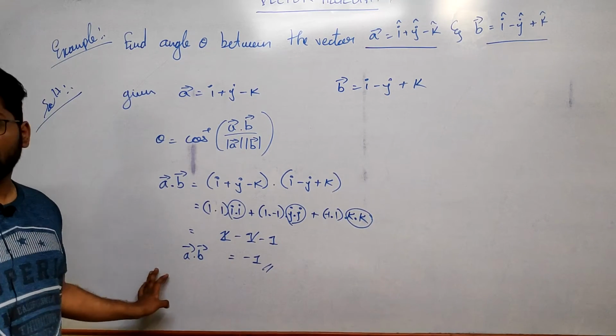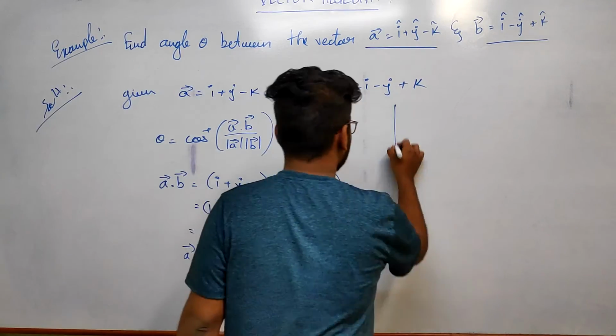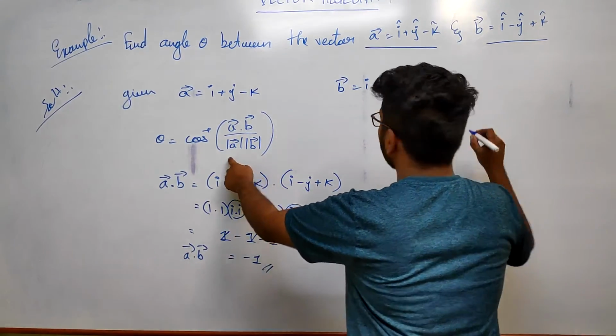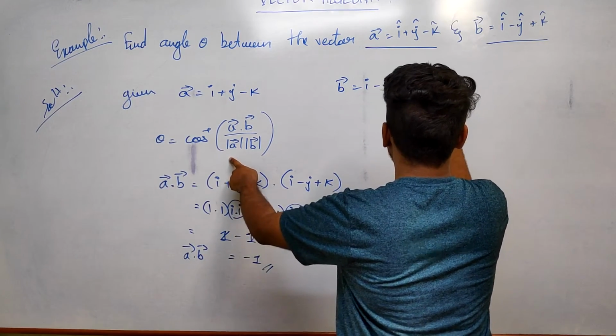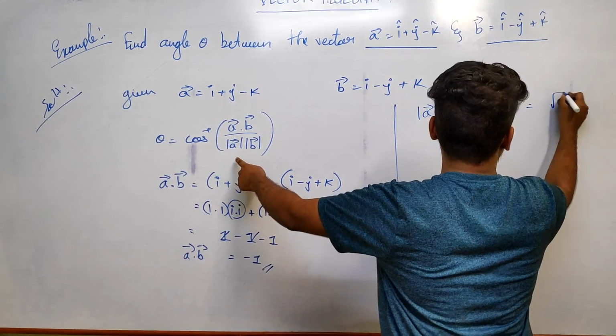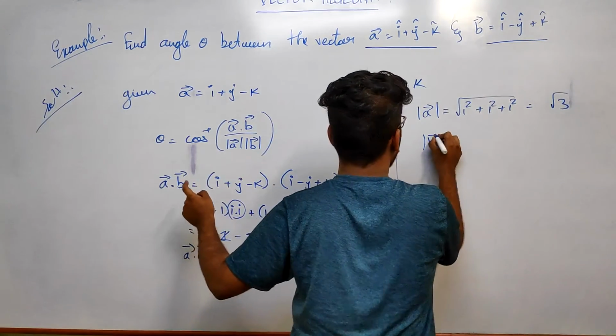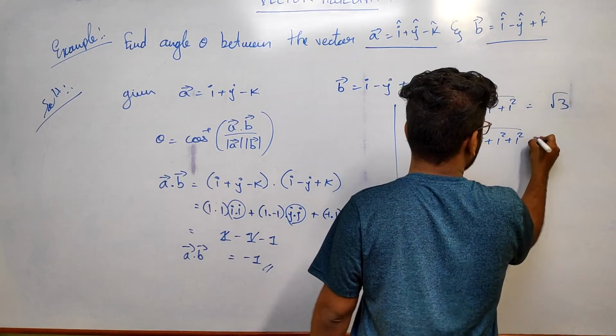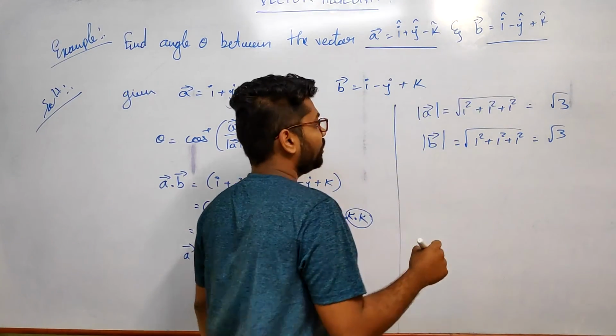Clear? Understood till here? Let us move on to the next thing. What else is required? Modulus is required. So modulus of a bar will be what? Root of 1 square plus 1 square plus 1 square, which is nothing but root 3. So b bar will be again the same, 1 square plus 1 square plus 1 square, which is nothing but root 3.